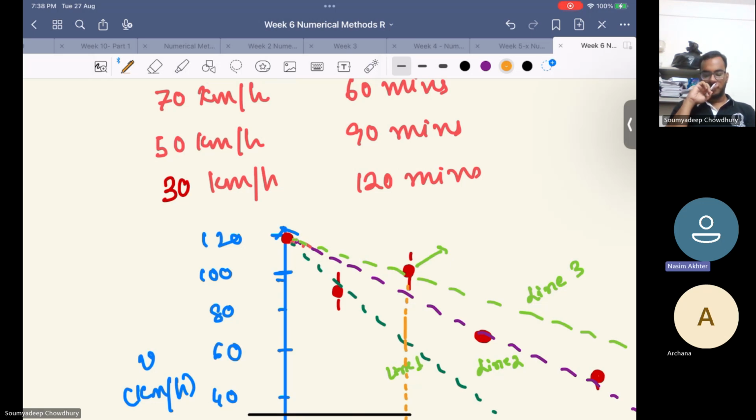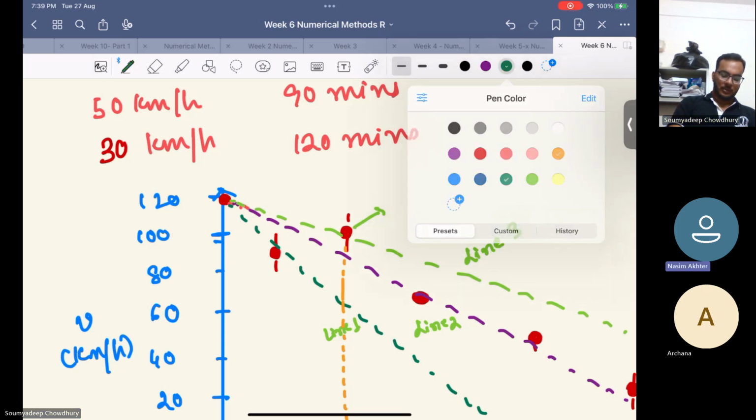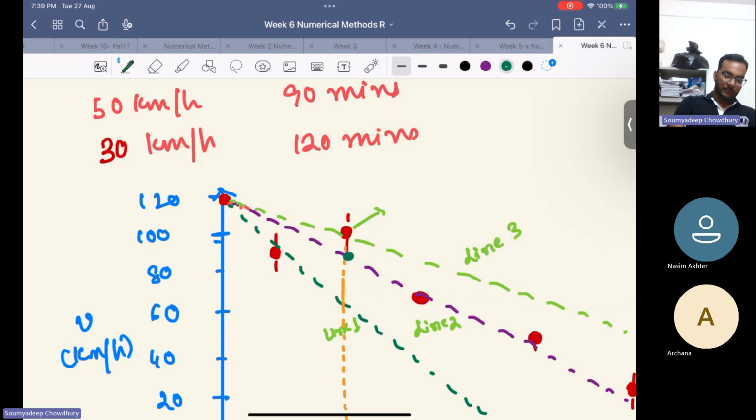Based on line 2, you tell me: is it less than or greater than the true value? It is less than the true value, right? Yes. So here is your predicted value.